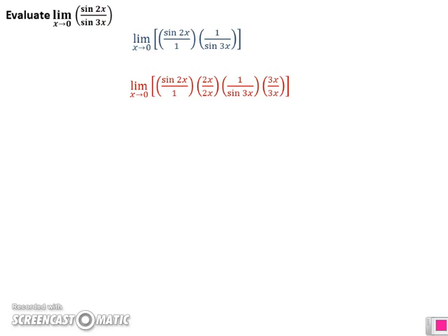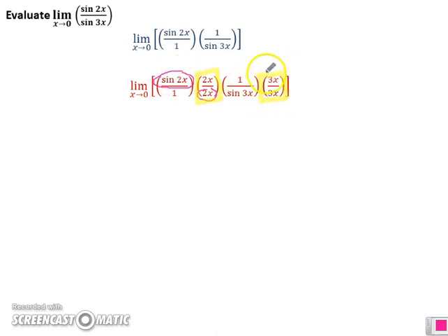And now I'm going to do what I want to happen again. I want this 2x with this sine of 2x. So right here, I'm really just multiplying by 1 in this section, and I'm multiplying by 1 right here as well, because I want that 3x in the numerator.